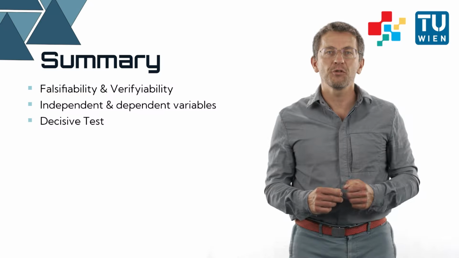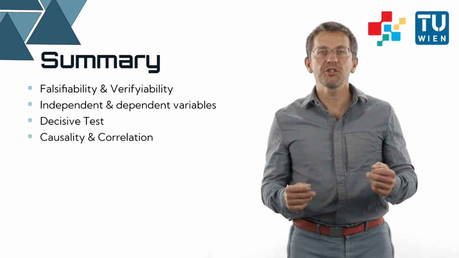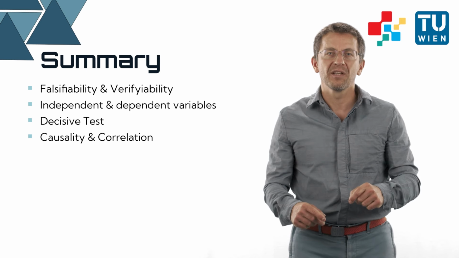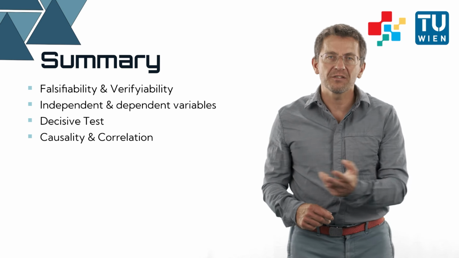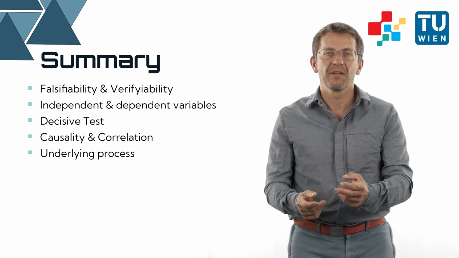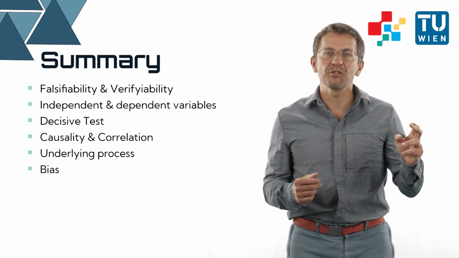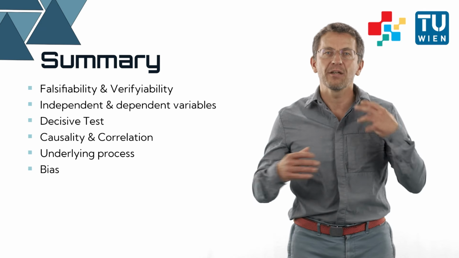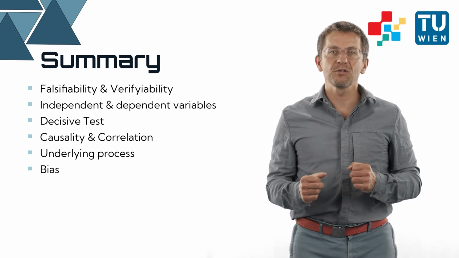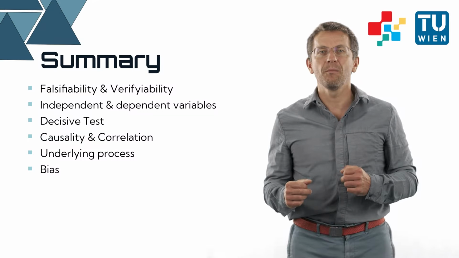From there, you learned to distinguish causality from correlation, understanding why a relationship between two things doesn't always mean one causes the other. We uncovered the underlying process, explaining phenomena by looking at what's happening at a deeper level. And we ended with bias, recognizing the need to control for other factors, avoid influencing results, and confirm findings with solid statistics. Together, these principles form the foundation of designing experiments that are clear, repeatable, and conclusive.